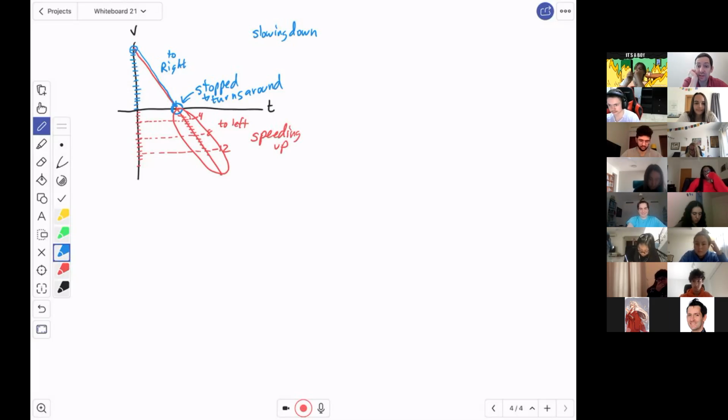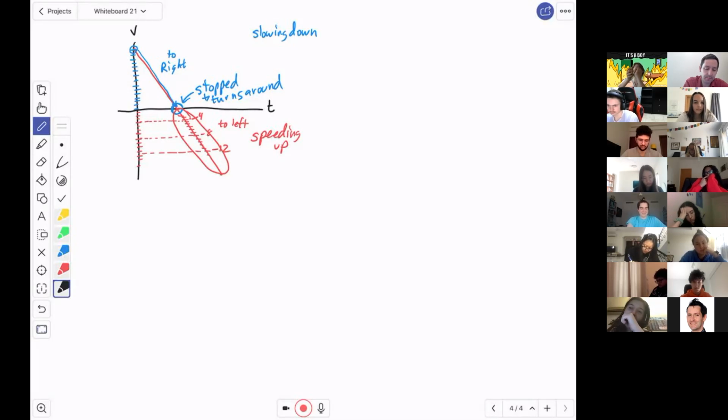Okay, all right. So this adds another piece to what we've been talking about. We talked about the slope of the position versus time graph. But what do I get if I find the slope of a velocity graph?